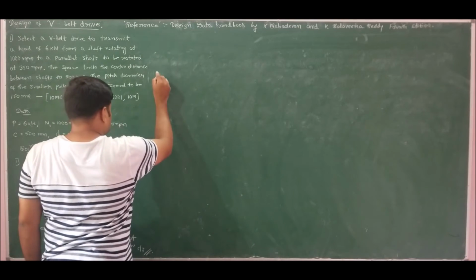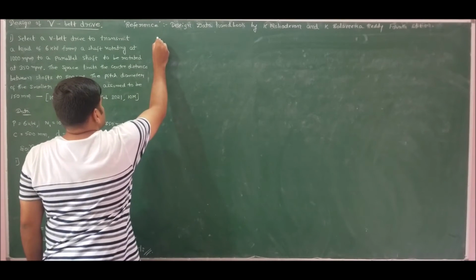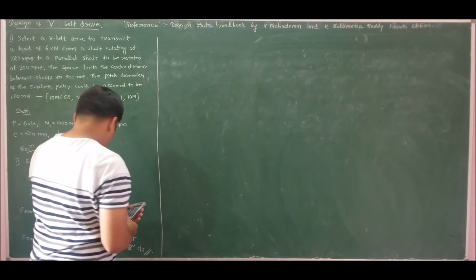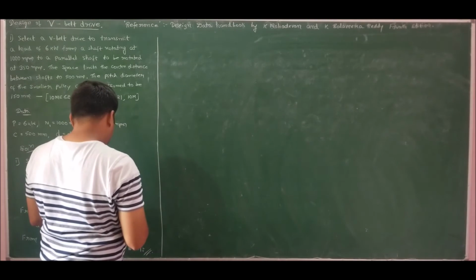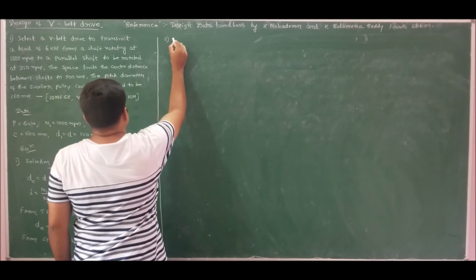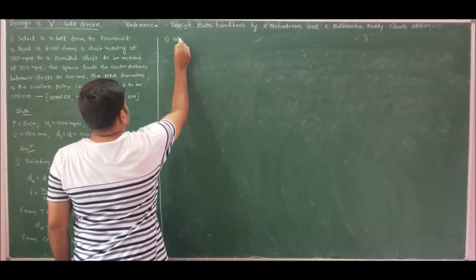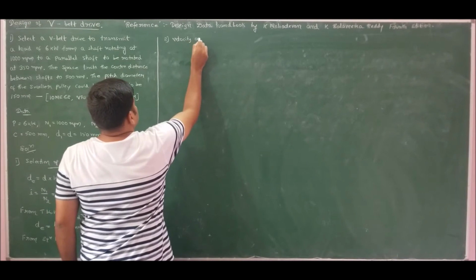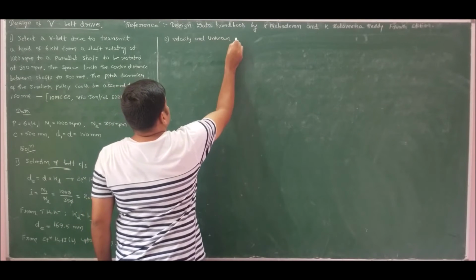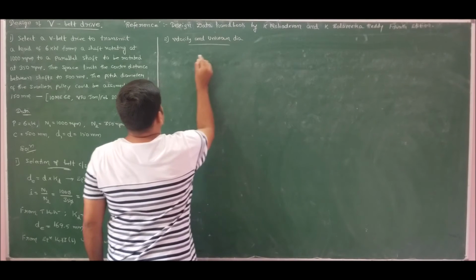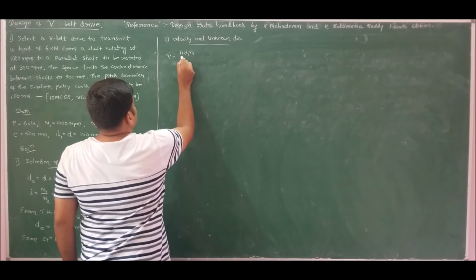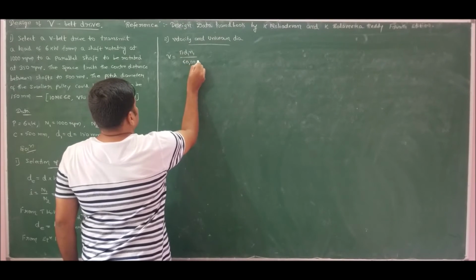Next, moving to step 2, I should find the velocity and the unknown diameter. We know that velocity is given by pi d1 n1 by 60,000.